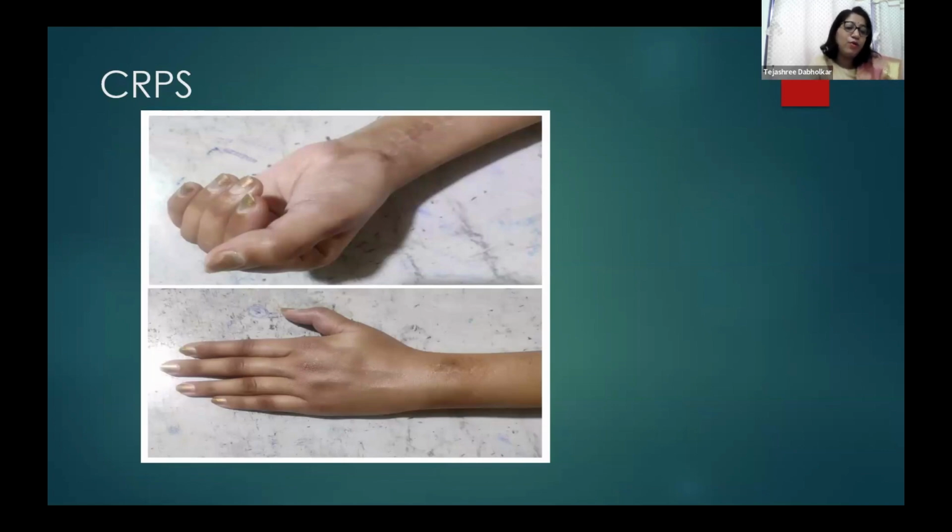So when she came to us, she was in a denial phase. And in that case, we considered it as a plain distal radius ulna fracture, but later on she turned out to be a CRPS case, and managing her was a difficult task because of those past experiences and histories, a whole baggage of visits to various hospitals and various therapists, which made it difficult for her to come out of her pain.